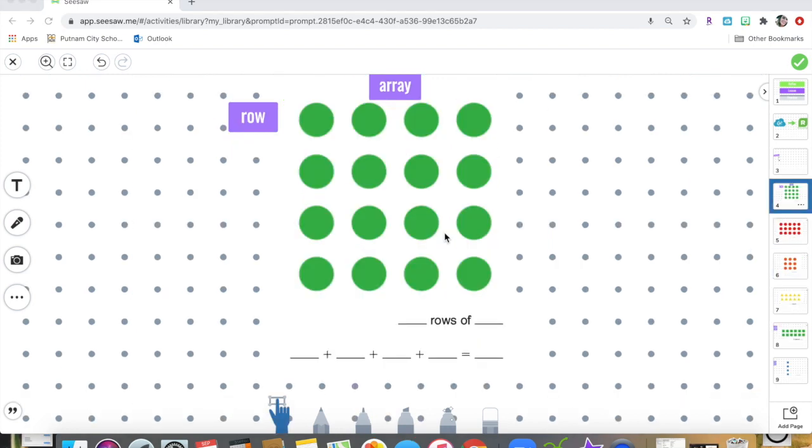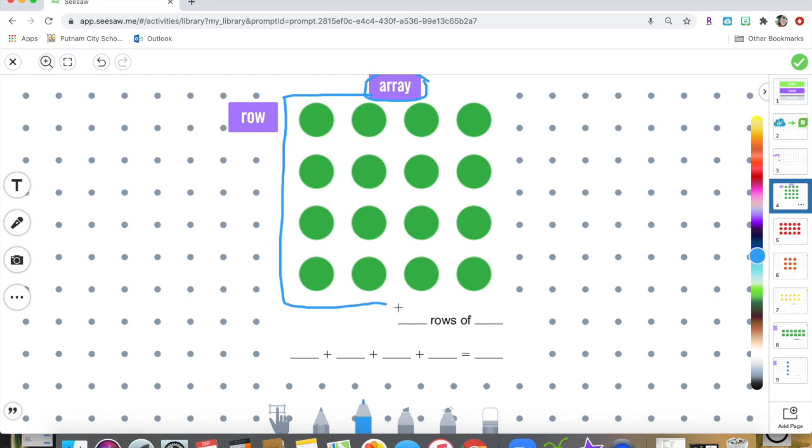This will be the last example that we do together, and then you'll have the opportunity to do some of the problems yourself. So the first thing that we do is we look at our labels. Remember, an array is an entire set of organized objects that are in equal rows. So this whole picture is the array. And the other part of an array is a row.